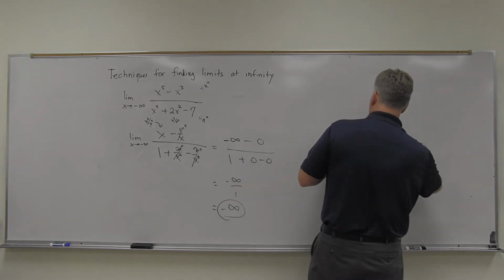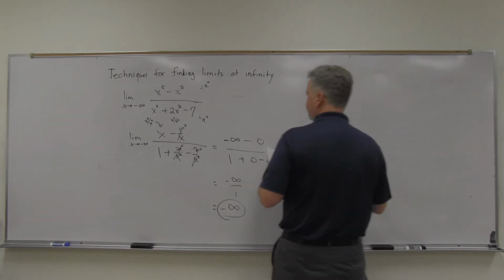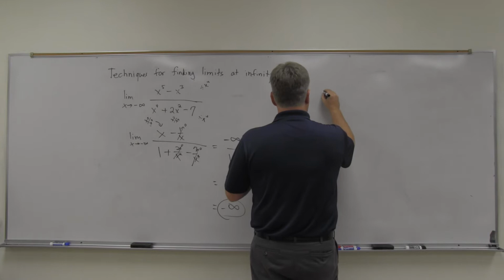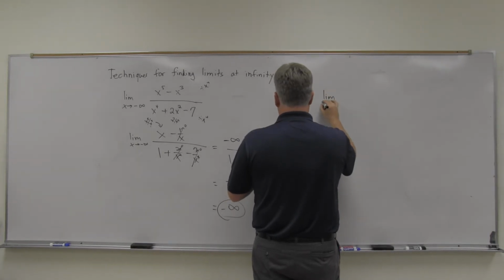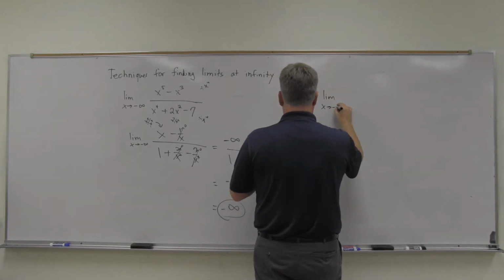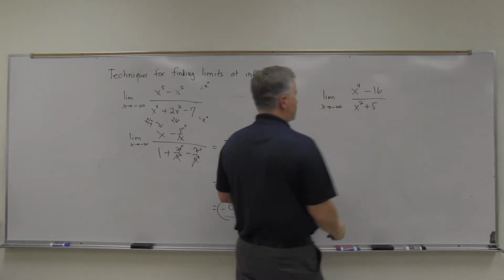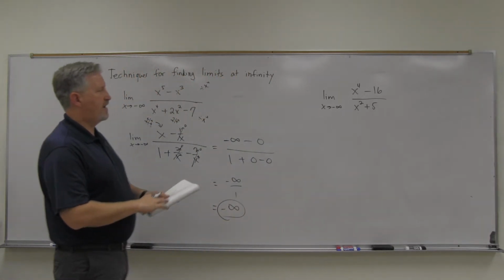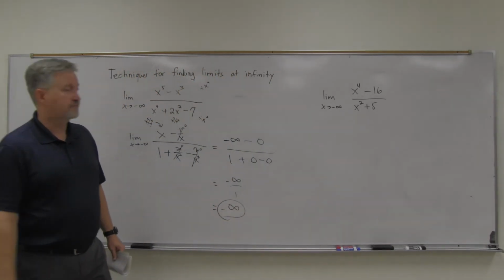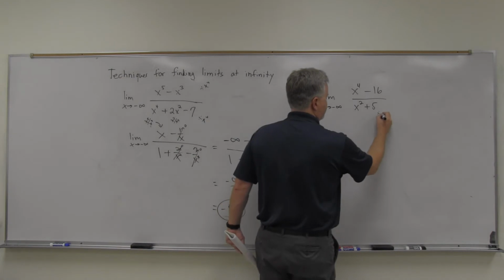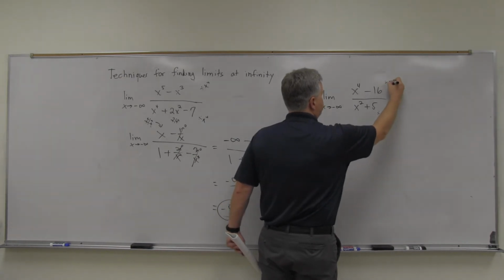And this one's similar, I guess, but you just have to work out the signs if you get something like that. X goes to minus infinity, x to the fourth minus 16 over x squared plus 5. So it's the same deal. I've got a larger power, but the largest power in the denominator is x squared. So let's divide top and bottom by x squared.